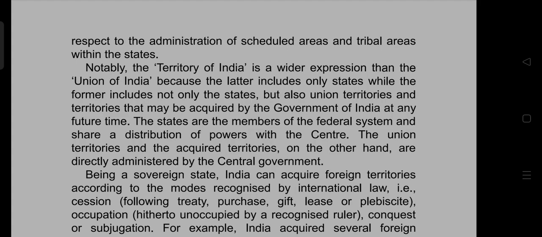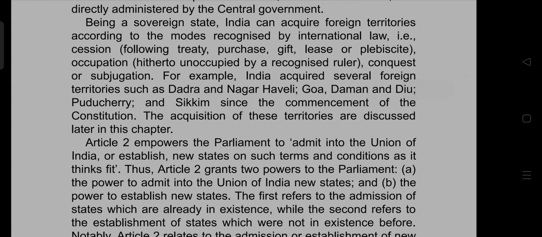The states are members of the federal system and share the distribution of powers with the Centre. The union territories and the acquired territories, on the other hand, are directly administered by the central government. Being a sovereign state, India can acquire foreign territories according to the modes recognized by international law, that is, cession following a treaty, purchase, gift, lease, or plebiscite; occupation of territory hitherto unoccupied by a recognized ruler; and conquest or subjugation.